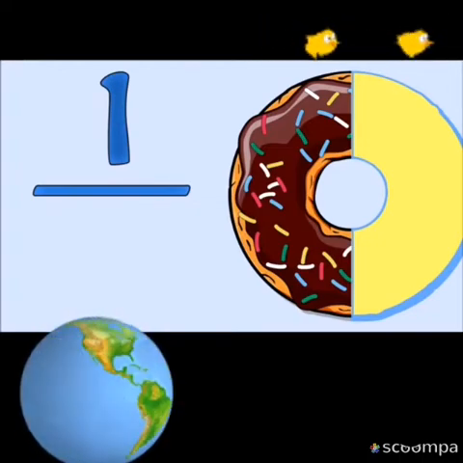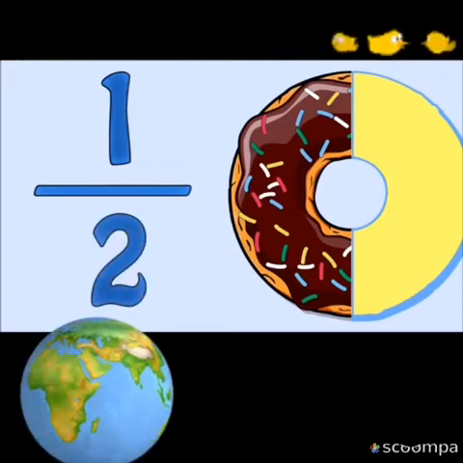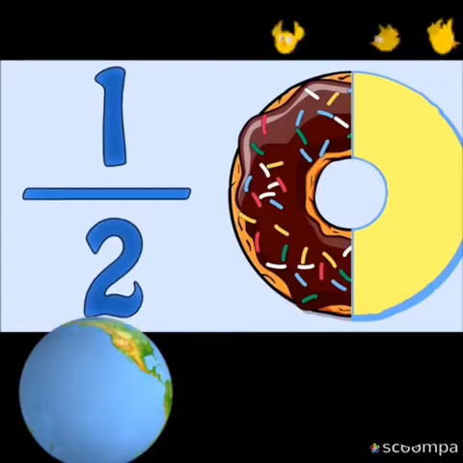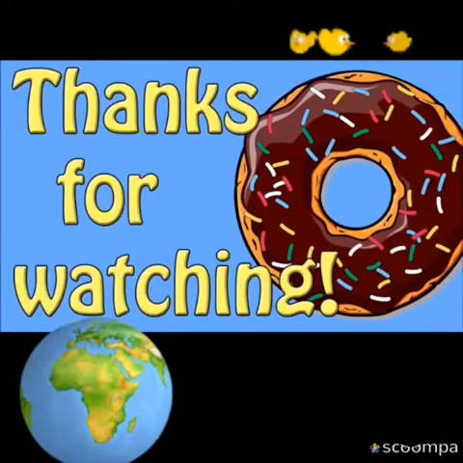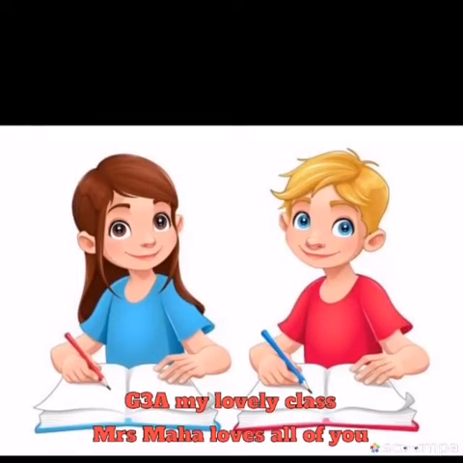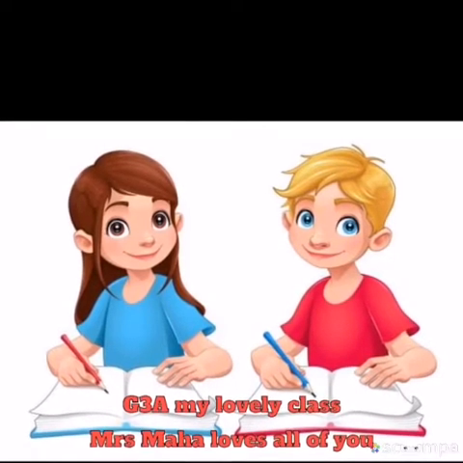Yes, we know this. I know all of you are smart students and I want you to write this in your copybook and send your activity on WhatsApp. Yes, grade 3, my lovely class, Miss Maha loves all of you.